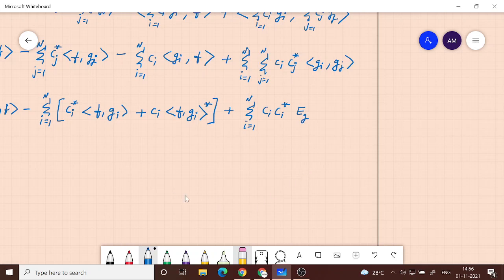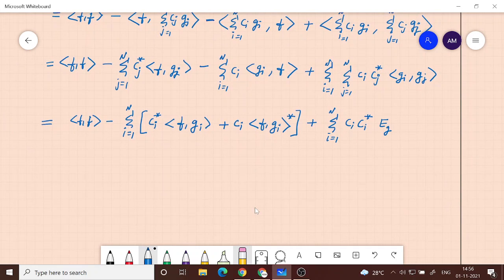Is that clear? That will be the last step. There are n square terms. Whenever i is not equal to j, those inner products are 0, so those terms will vanish. But the only term that doesn't vanish is when i is equal to j. If i is equal to j, I can replace j with i, and in that case it is the energy of g of t. So I write it as Eg.